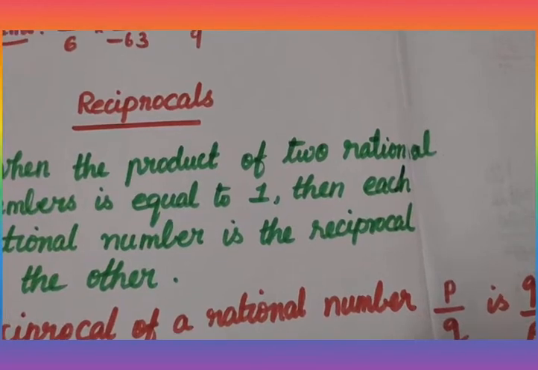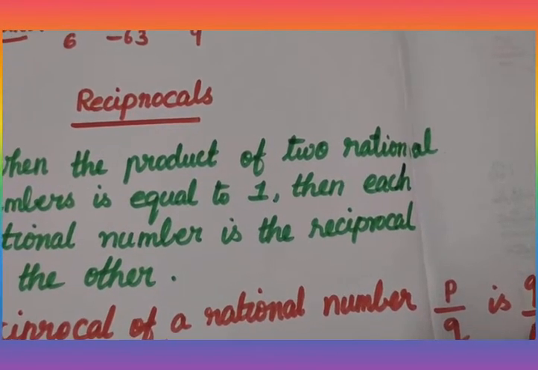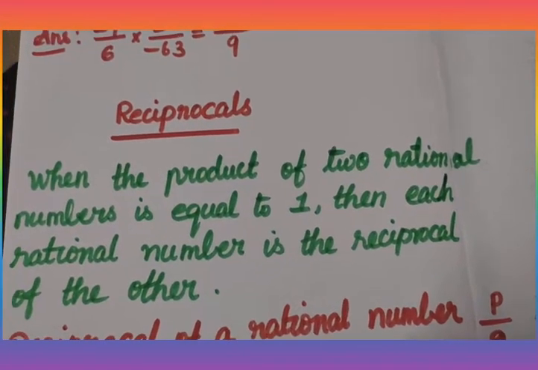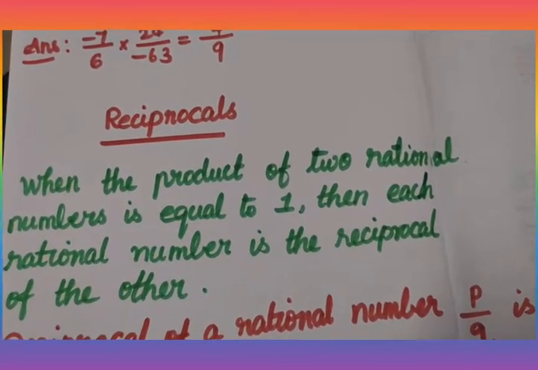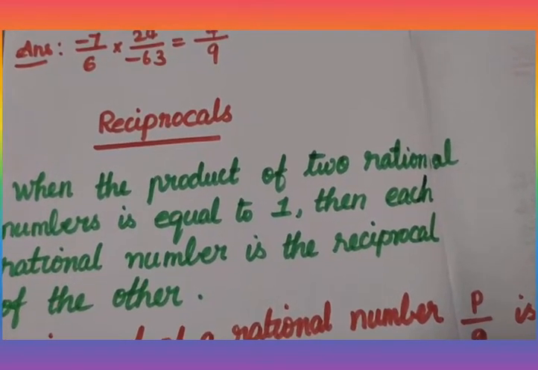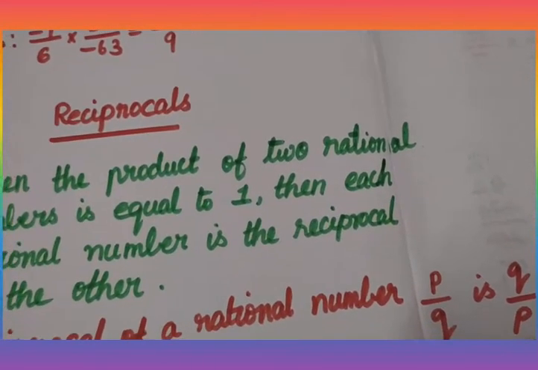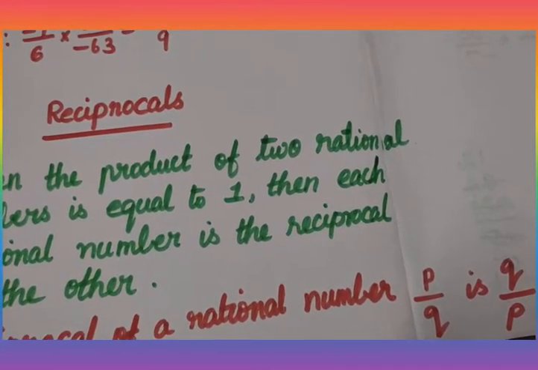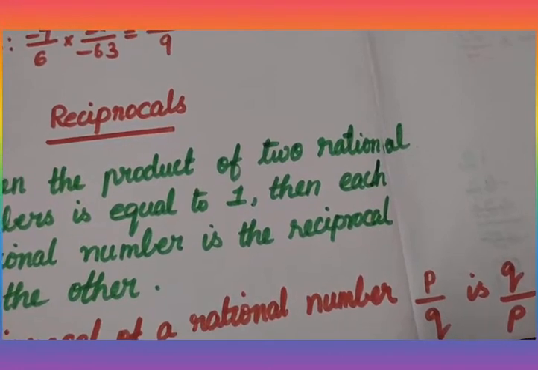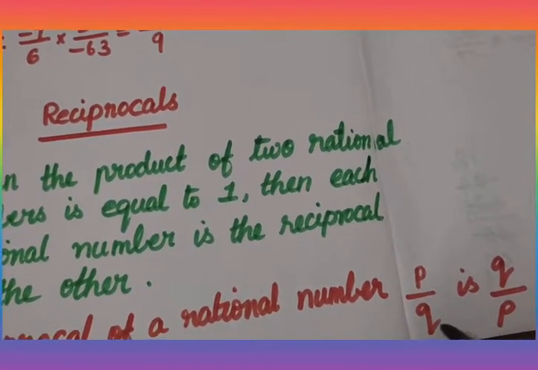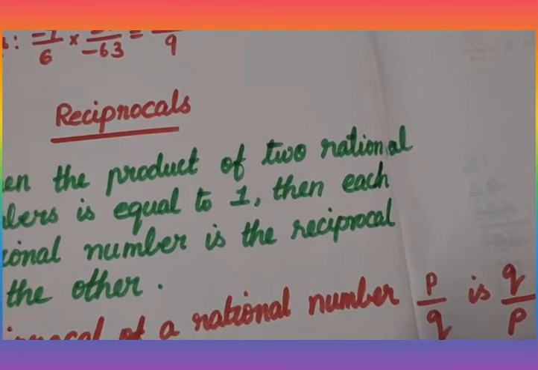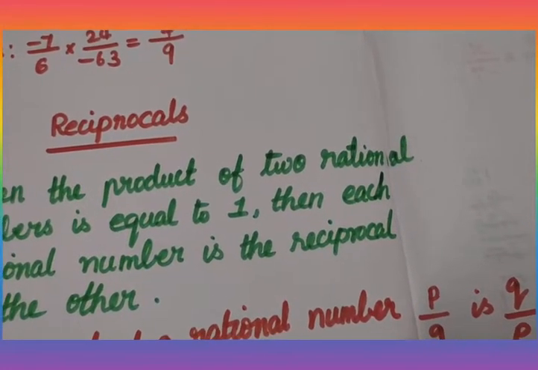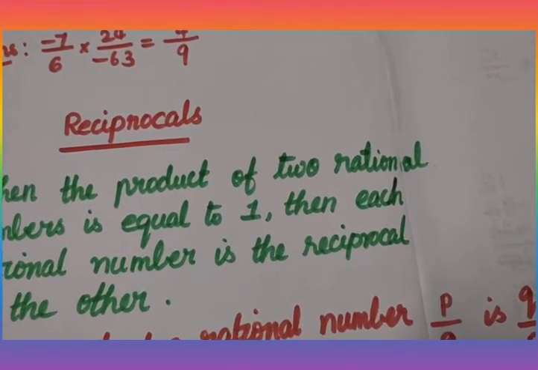The reciprocal of a rational number q by p is p by q. Just take the invert of that rational number, and when it is inverted we get the reciprocal. Understood?